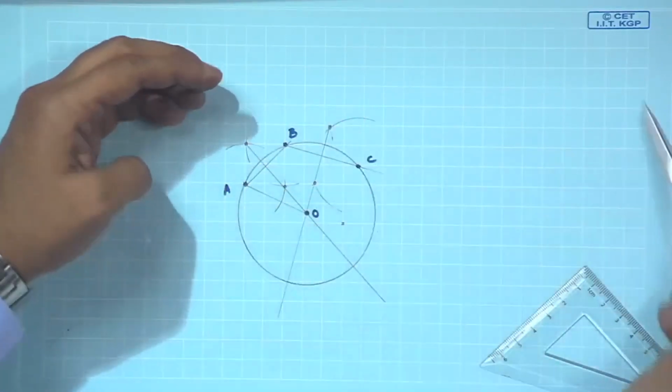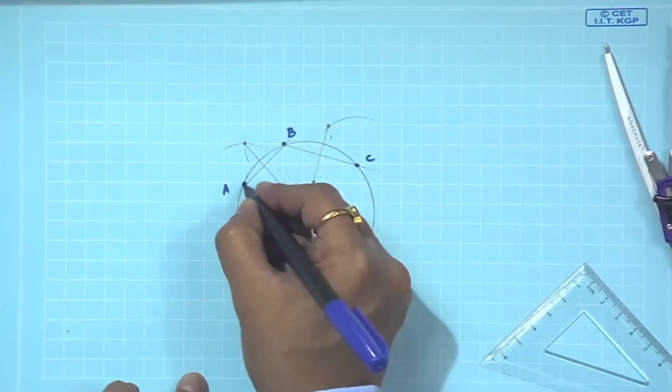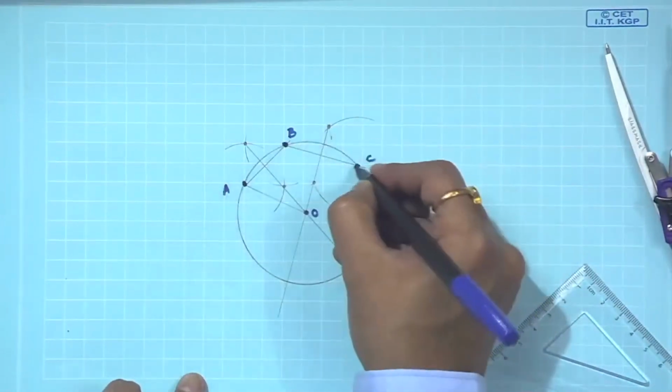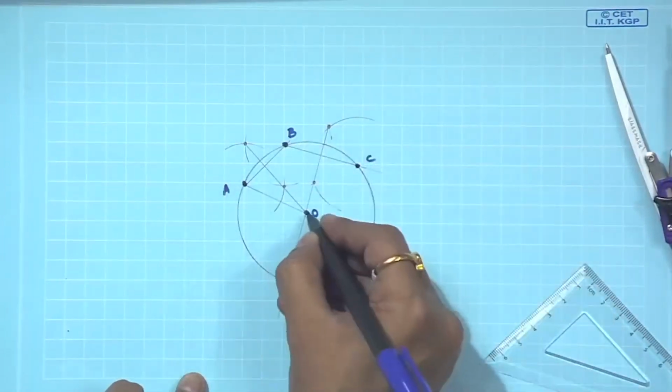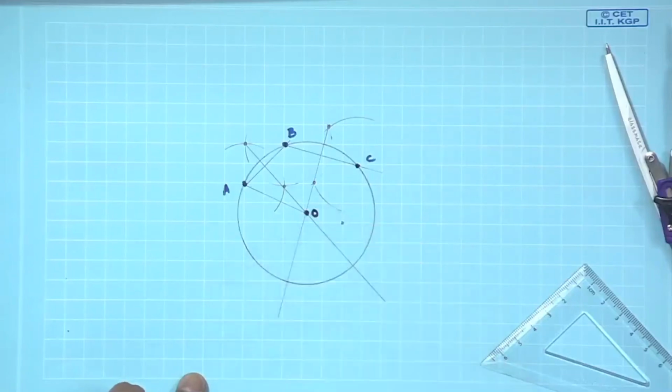You see there is a circle which is passing through A, B and C points with center O.